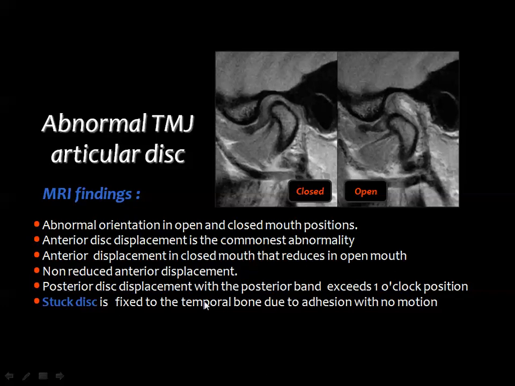Posterior displacement of the disc when the posterior band exceeds the 1 o'clock position relative to the head of the mandible. And by the word stuck disc means that the disc is fixed to the temporal bone due to adhesion with no motion at all.